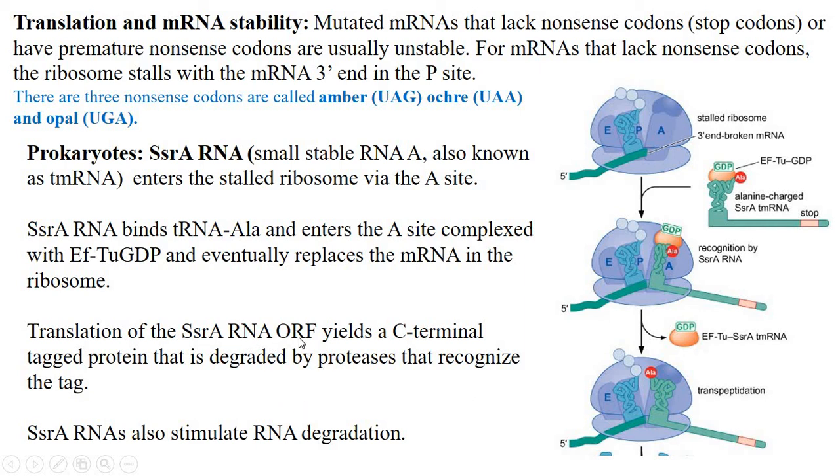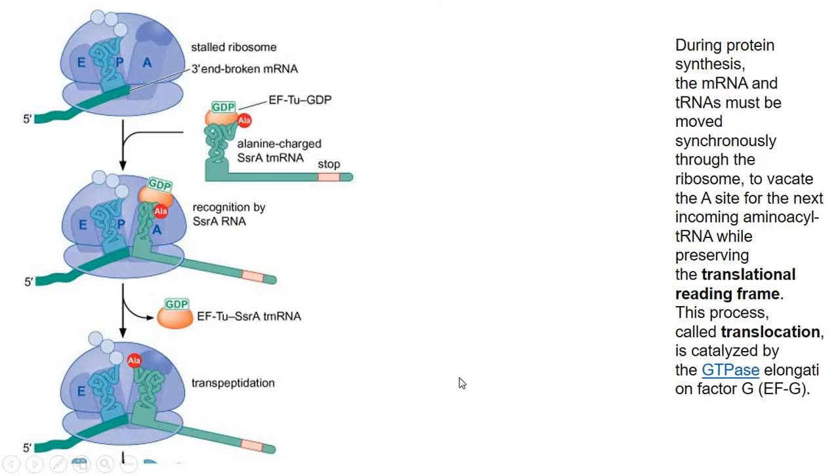Translation of this SsrA RNA ORF, this portion right here, will yield a C-terminal tagged protein. So this protein now will have this C-terminal tag. The cell already knows that if this sequence is at the 3' end of the protein, then this is a wrong protein, and it will be labeled for degradation. This SsrA RNA will also stimulate RNA degradation, so all the mRNA will be degraded and will not make it into the translation machinery again.